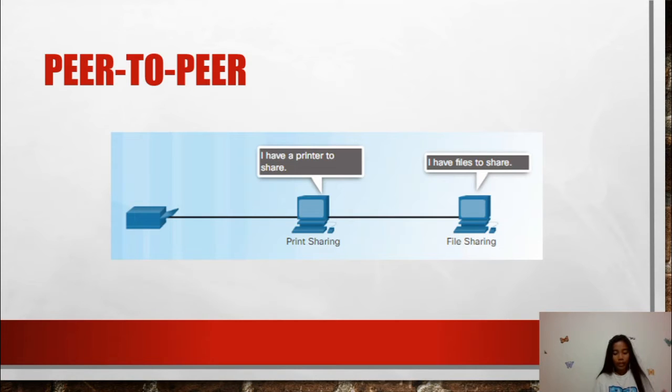It can be used for simple tasks such as transferring files and sharing printers. The disadvantages of peer-to-peer are no centralized administration, it is not as secure, not scalable, and all devices may act as both clients and servers, which can slow their performance.